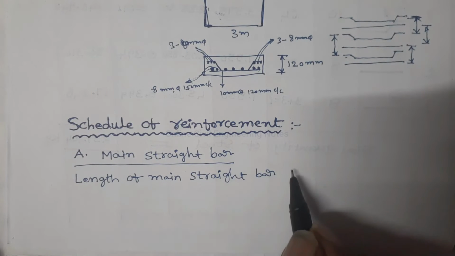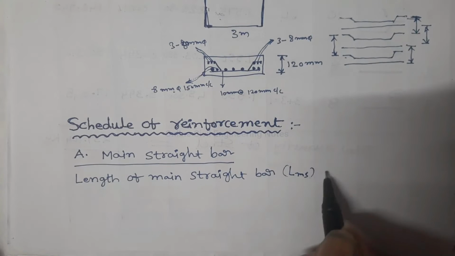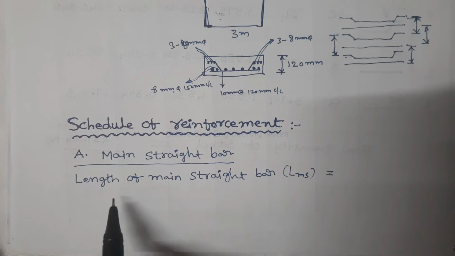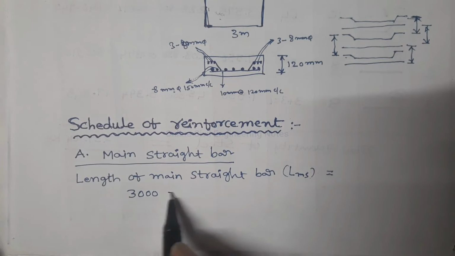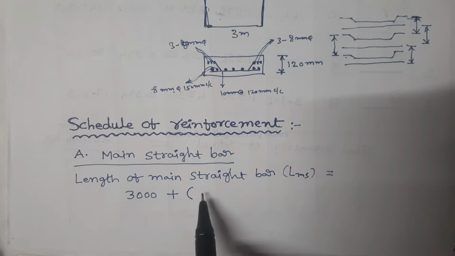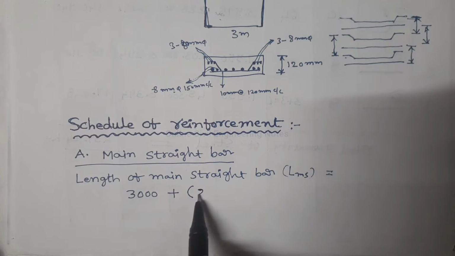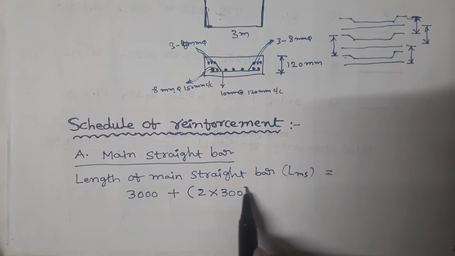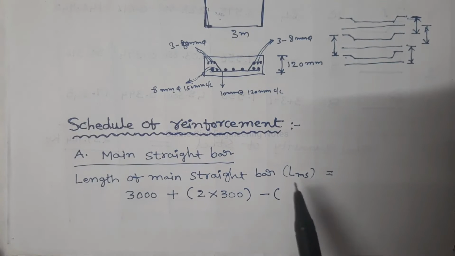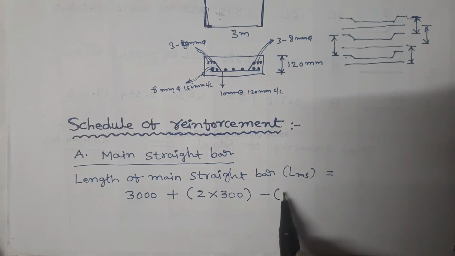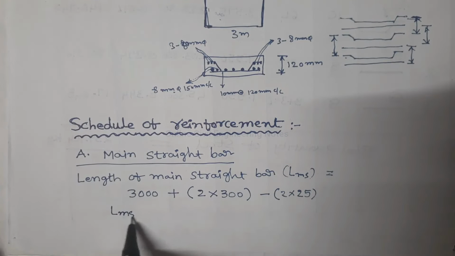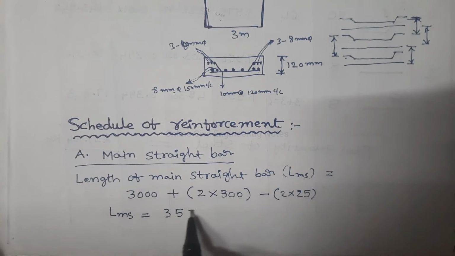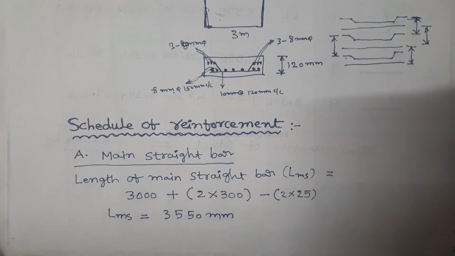Therefore, the length of main straight bar LMS is equal to clear span in the short direction 3000 plus support widths on both sides, 2 into 300, and deduct the end covers on both sides, 2 into 25, which gives 3550 mm.